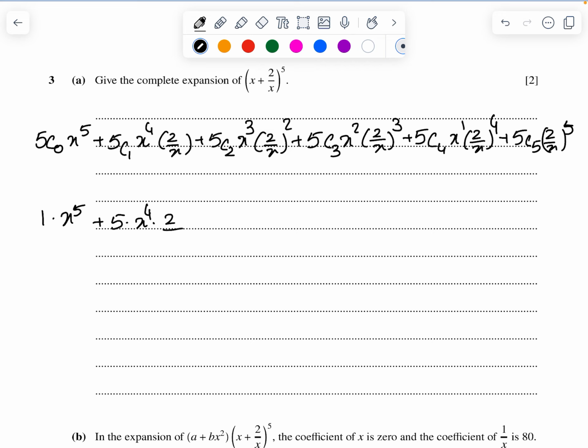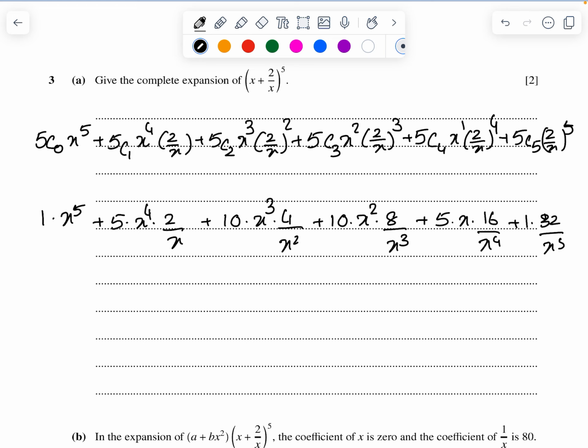5C0 is 1, x power 5. 5C1 is 5, x power 4 times 2 upon x. 5C2 is 10, x cubed times 4 upon x squared. 5C3 is also 10, x squared times 8 upon x cubed. 5C4 is 5, x times 16 upon x power 4. 5C5 is 1, 32 upon x power 5.